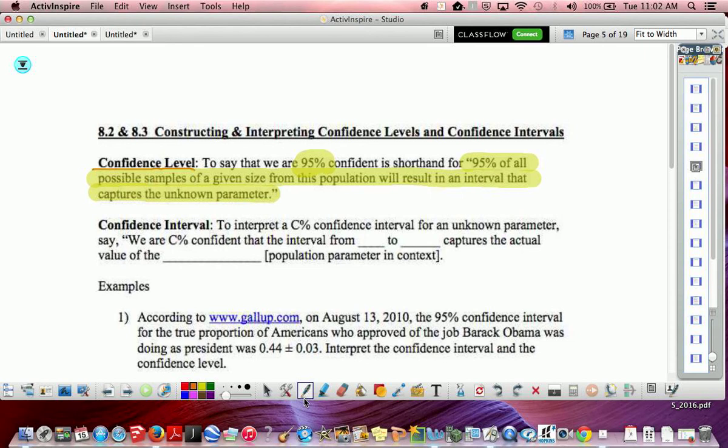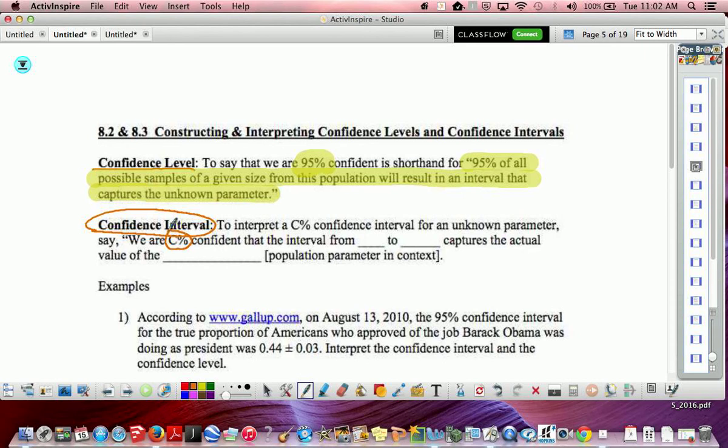You can also be asked to state what the actual confidence interval means. When I interpret them, I like to use a fill-in-the-blank sentence. I've given it to you here. How I like to phrase my confidence intervals is: we are C percent, I apologize there's not a blank there, but it says C percent.